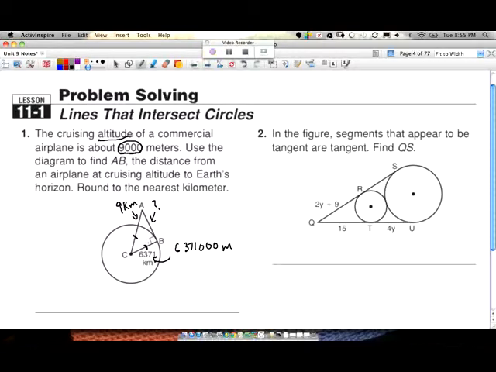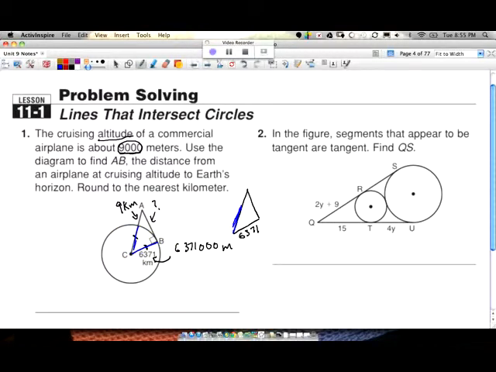So for me to find this AB, I've created a right triangle, and I have two sides of it. It's not exactly obvious, but here's the breakdown. Let's color code this. This radius, I'll color blue, is the same as this radius here.